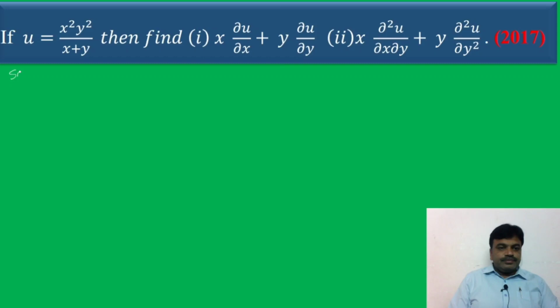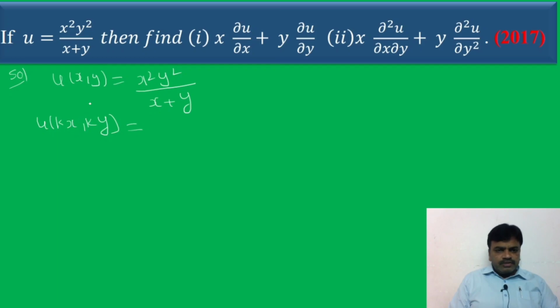Solution. Okay, this is u(x,y) = x²y²/(x + y). So, for the homogeneous function, you take here, friends, u(kx, ky).